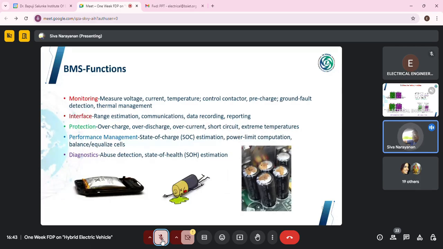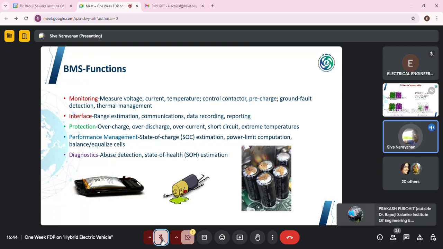And the most important thing is battery cell balancing. So what is cell balancing? You know that a battery pack is formed by cells that are connected together. So when you connect the cells in series or in parallel, or mainly in parallel, the current or the voltage and the capacity should be the same.